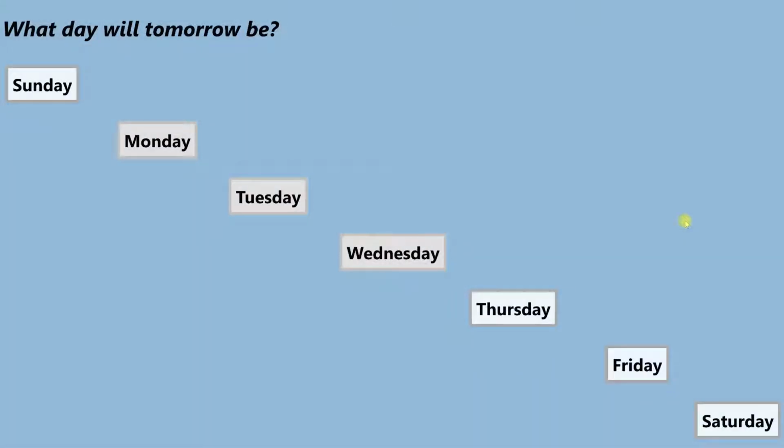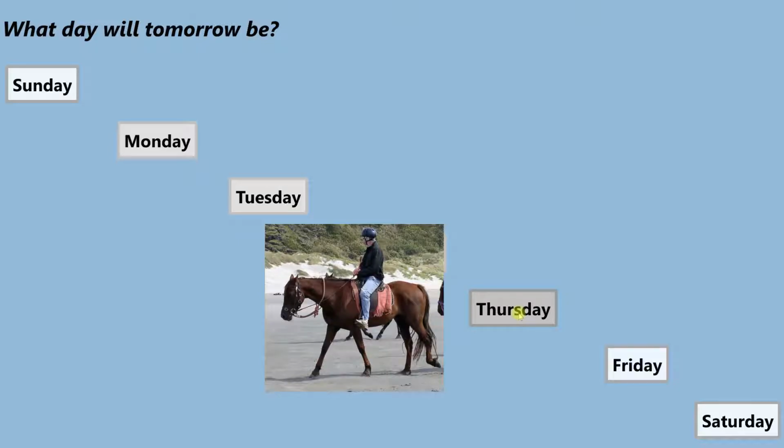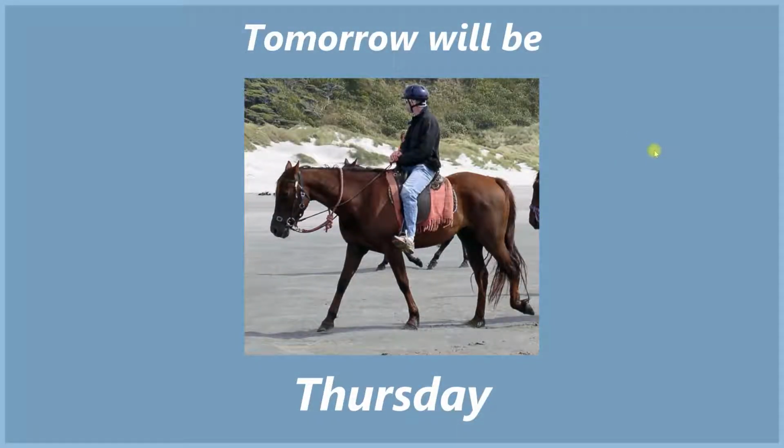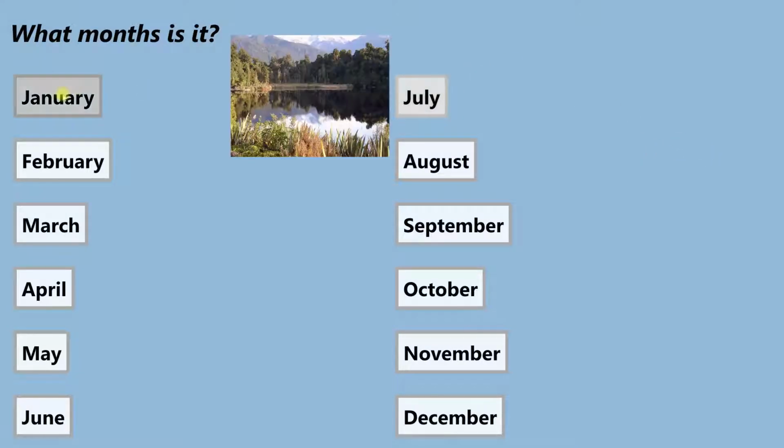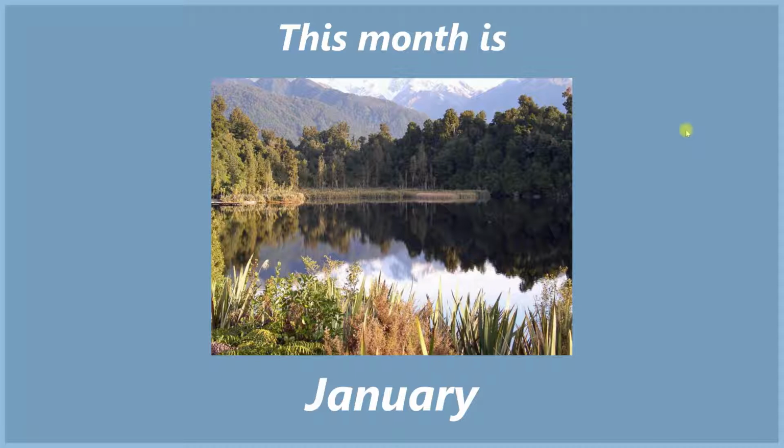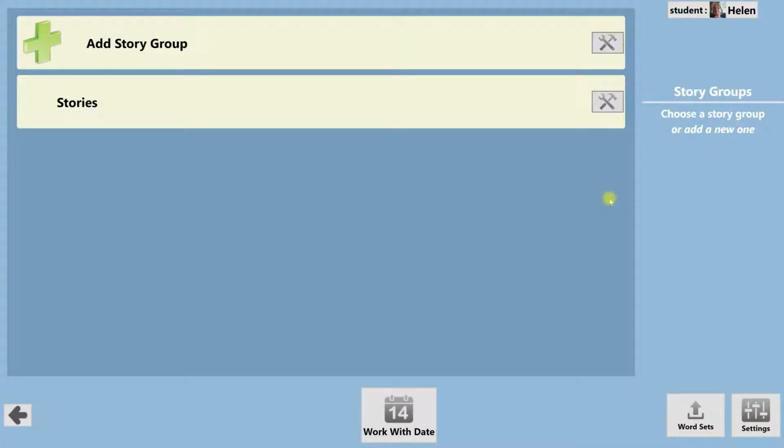What day will tomorrow be? Thursday. Yes, tomorrow will be Thursday. What month is it? July. Yes, this month is January. And then the student can go and work on their stories. So it's an ideal way to teach days of the week and months of the year.